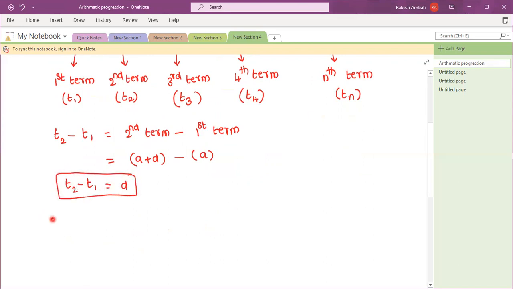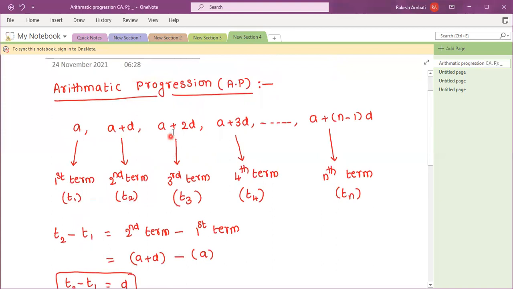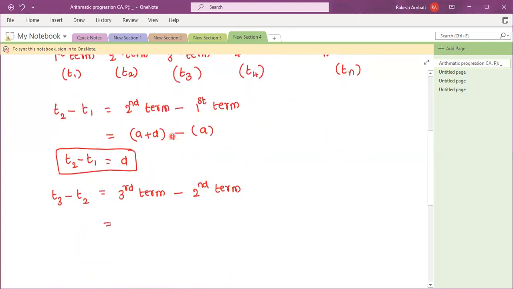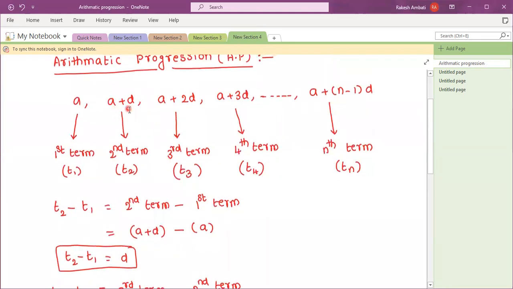In the same way, next I want to find T3 minus T2, the value of the third term minus the value of the second term. The third term is a plus 2d, minus the second term, which is a plus d.